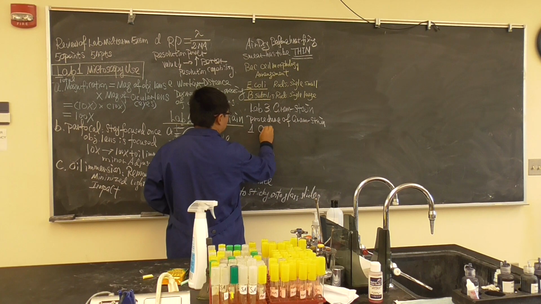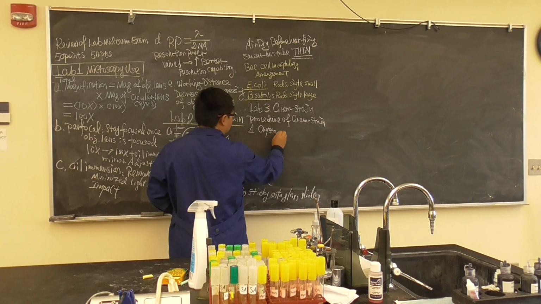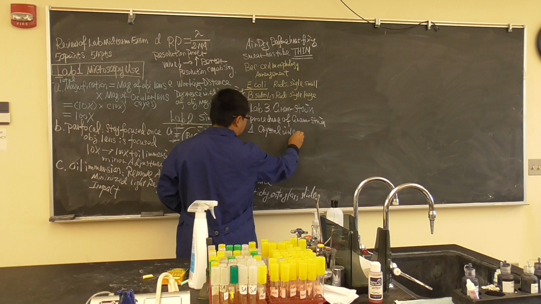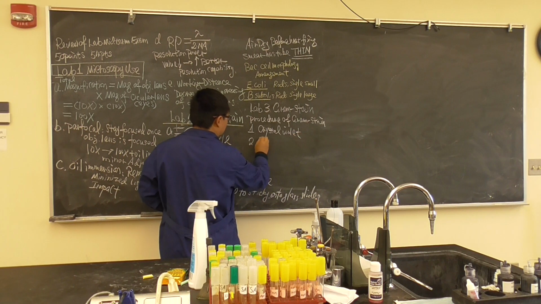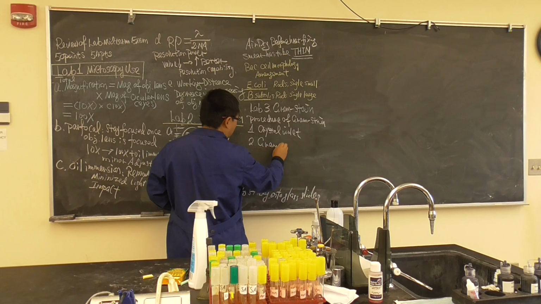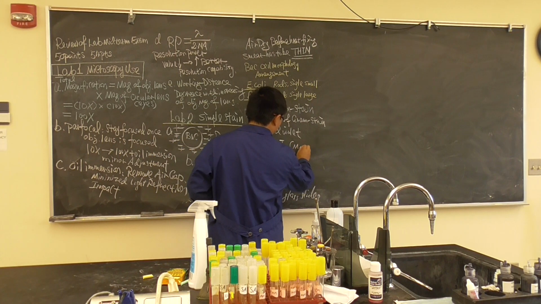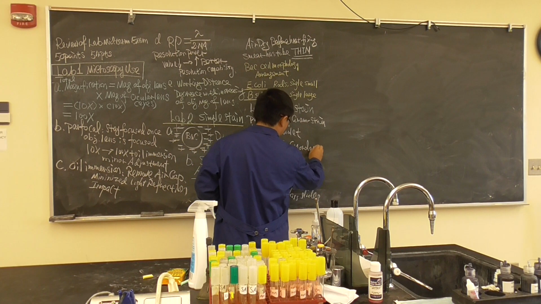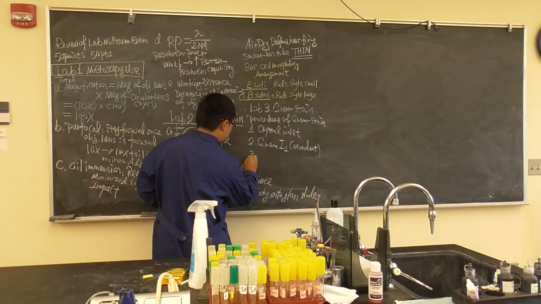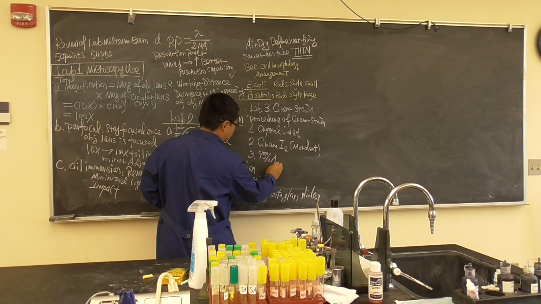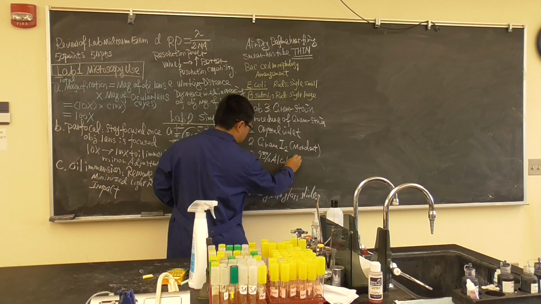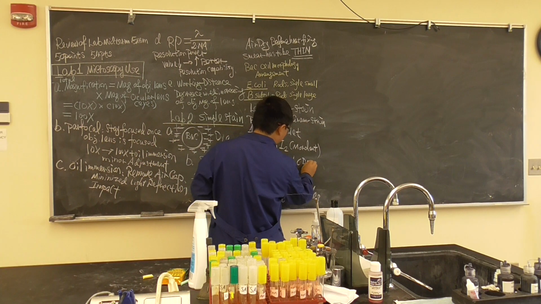Number 1, crystal violet. Number 2 is gram iodine. Okay, it's like a mordant. Then number 3 is 95% alcohol. That's a decolorization.